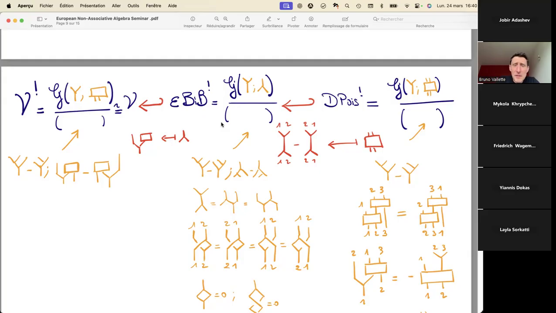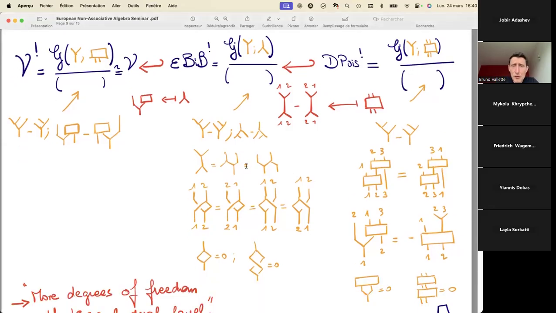If you want to see something a little bit new, you have to go to infinitesimal bialgebras. So what is the notion which is Koszul dual to infinitesimal bialgebras? It is an associative, co-associative product and coproduct, where you do not have the derivation relation. Previously, on infinitesimal bialgebras, we had that this was equal to that plus that.